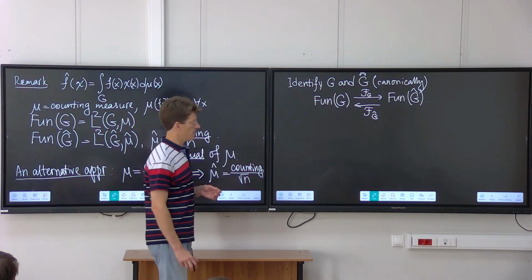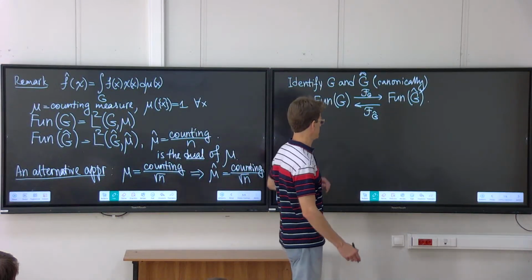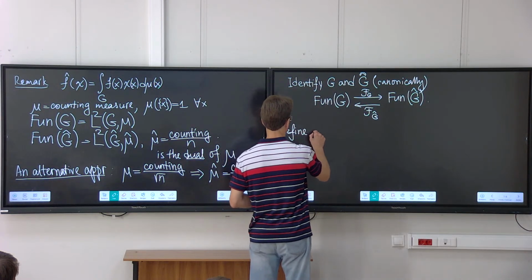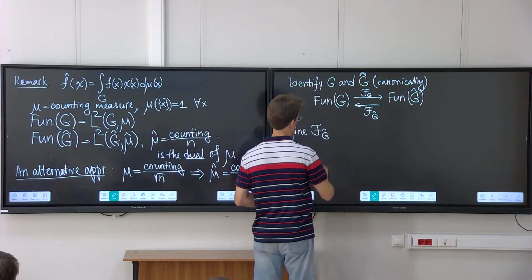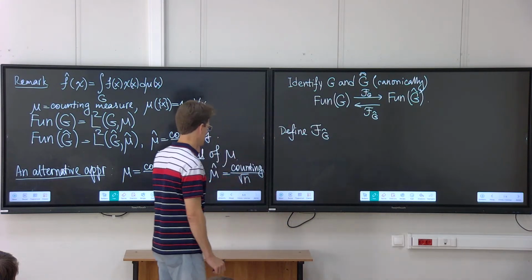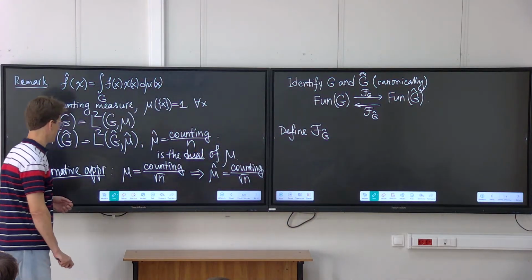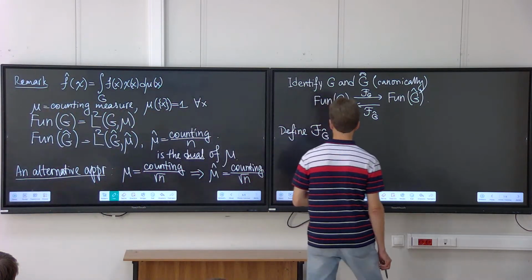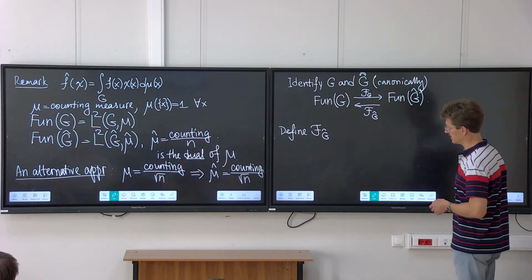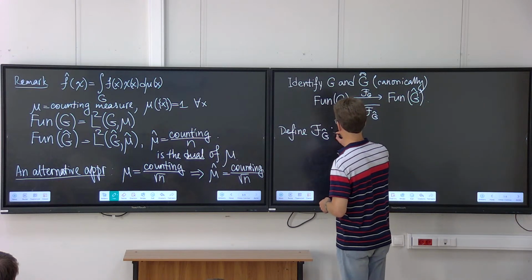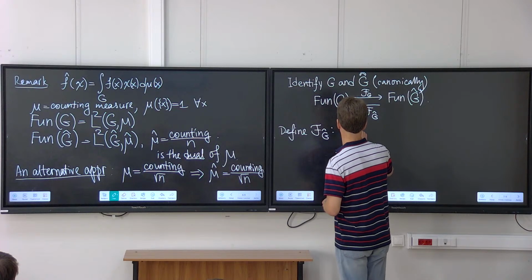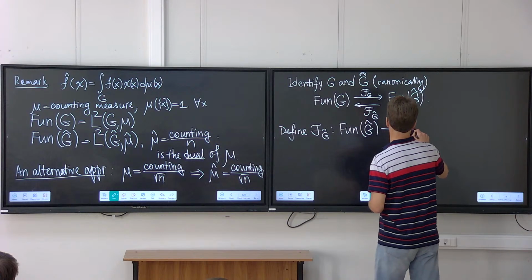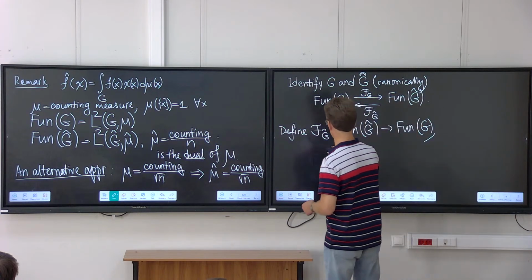First of all, let's write an explicit formula for F of G hat. We still remember that from the point of view of the Plancherel theorem, G hat is equipped with a counting measure divided by n. So it is natural to define the Fourier transform on the dual group by the following formula.